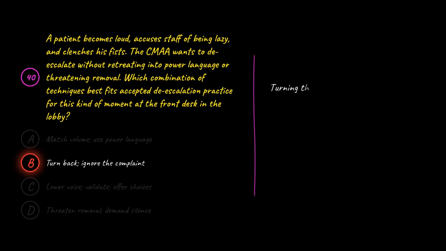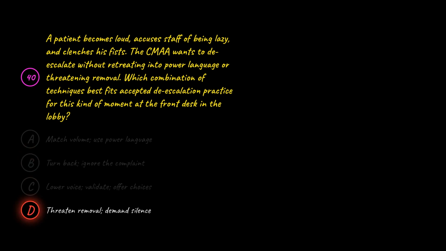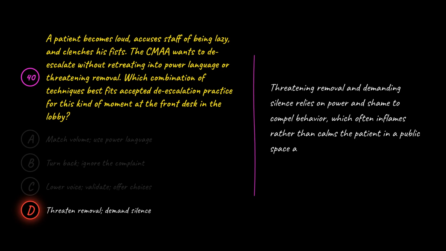B is wrong because turning the back on an escalated patient is unsafe and can be perceived as dismissive, which is why de-escalation training emphasizes keeping the patient in view and maintaining an unblocked exit path. D is wrong because threatening removal and demanding silence relies on power and shame to compel behavior, which often inflames rather than calms the patient in a public space and ignores recognized de-escalation practice.